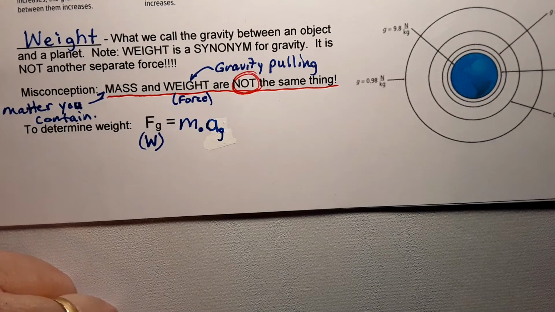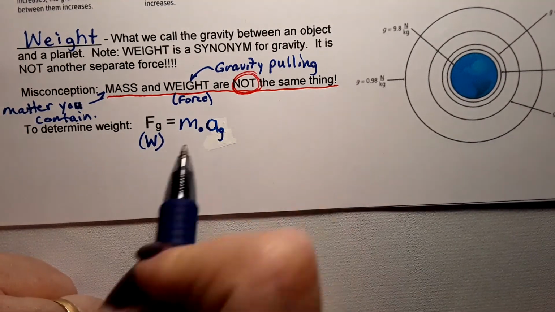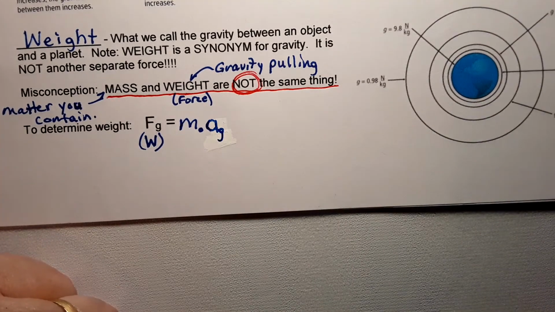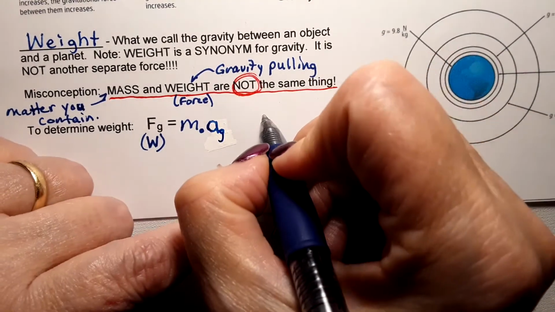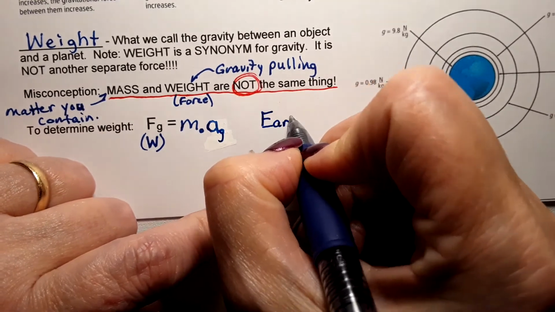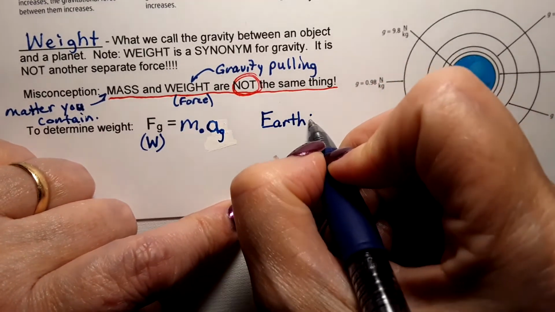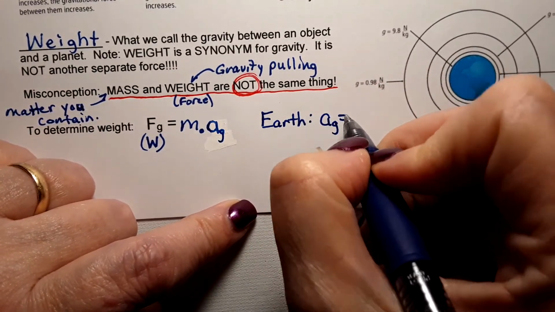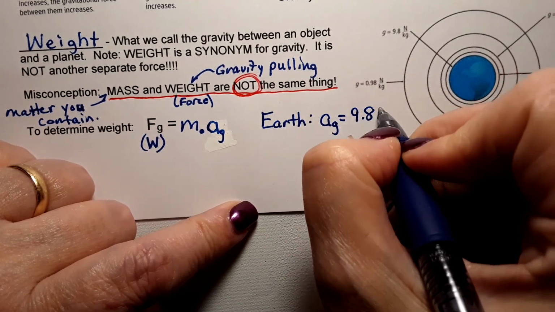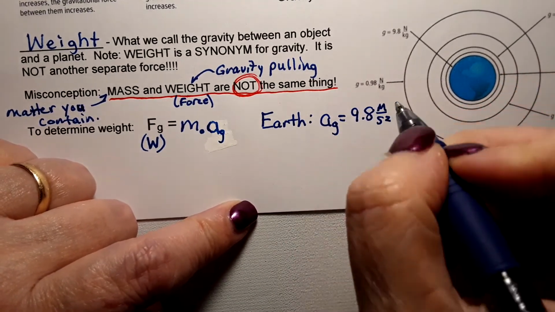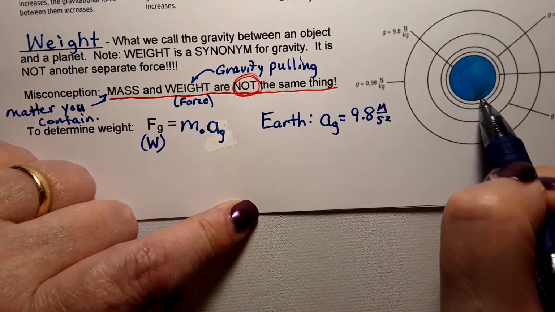Now, every planet has its own acceleration due to gravity. It has to do with the mass of the planet. On Earth, the acceleration due to gravity has the value of 9.8 meters per second squared at the surface.